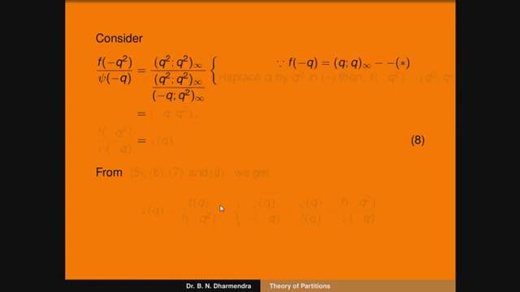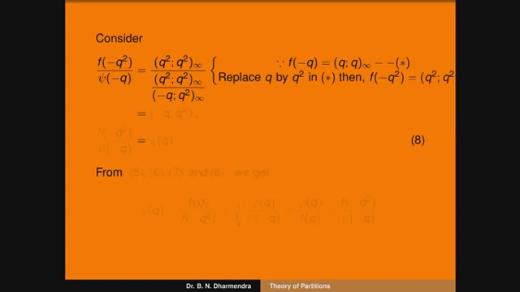Next, we can show that f of minus q square divided by xi of minus q. Now the term of f of minus q is q infinity, and when I replace q by q square, that is equal to q square infinity. Also the term of xi of minus q is q square infinity divided by minus q square infinity.